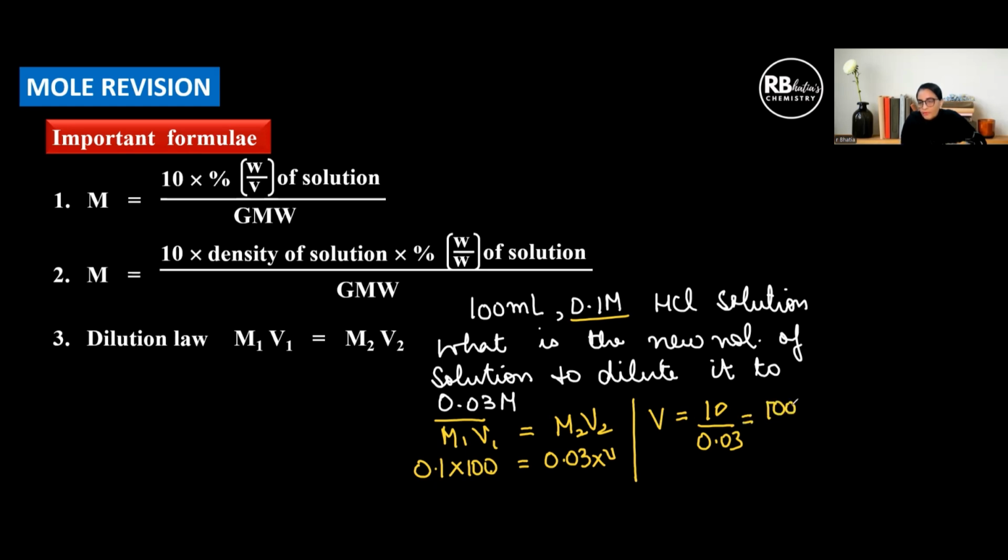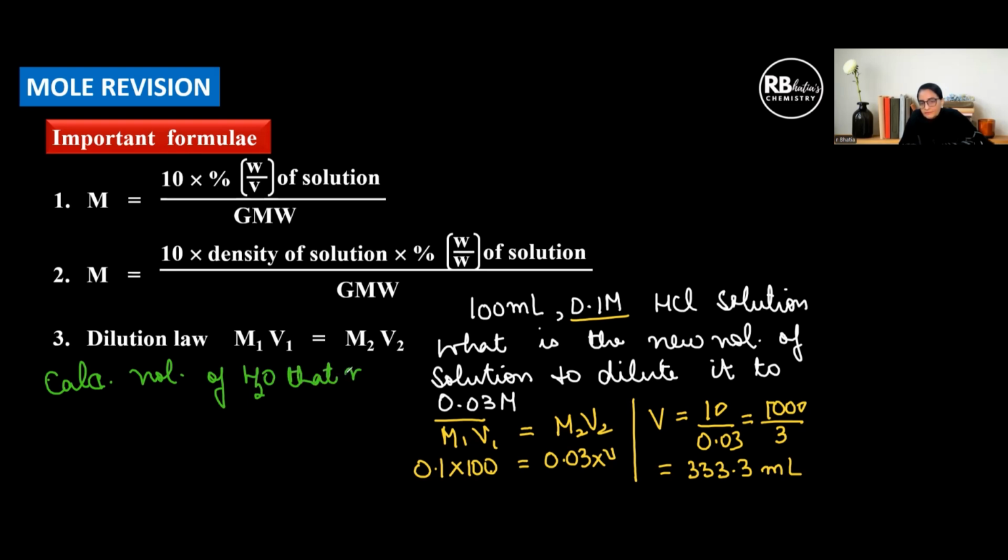I get 1000 upon 3. That is 333.3 ml. Clear?